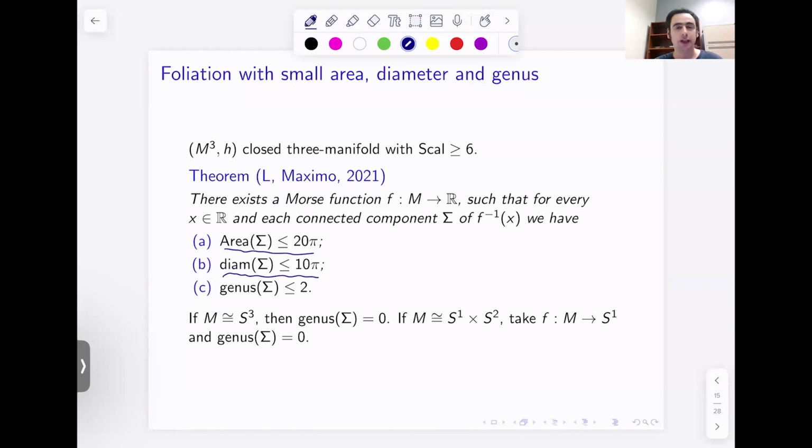So we're able to get a short closed geodesic, but not quite a foliation by intrinsic diameter. But I think it should be possible to do. This is surprisingly harder than we initially thought. And so we can get better genus bounds in some specific cases, when it's S1 cross S2 or S3.